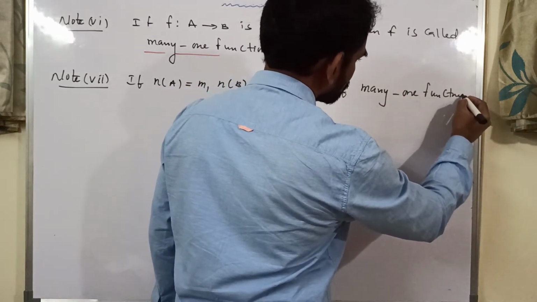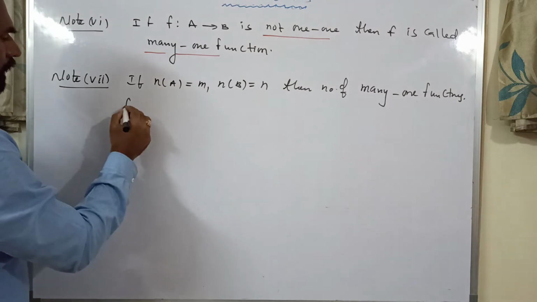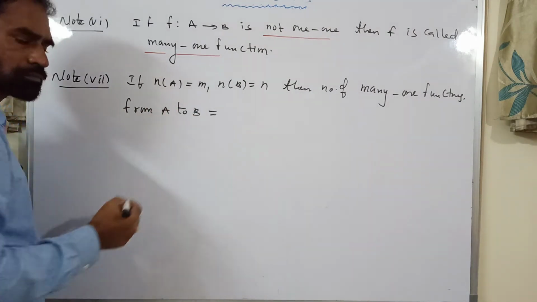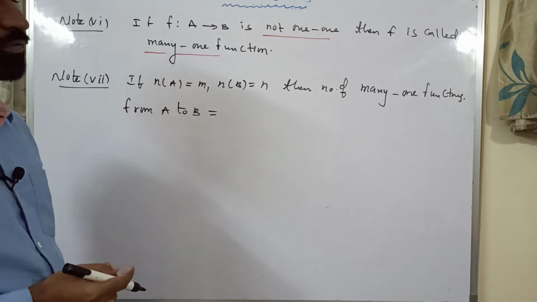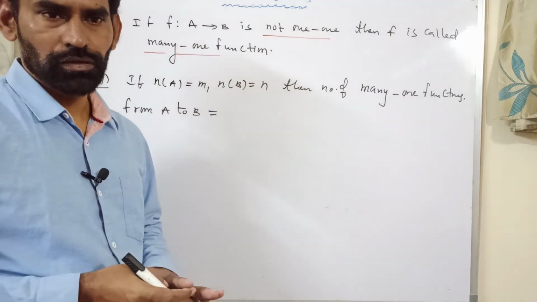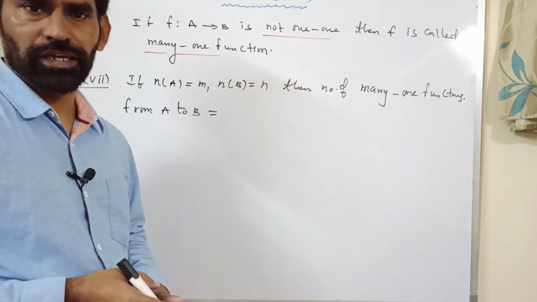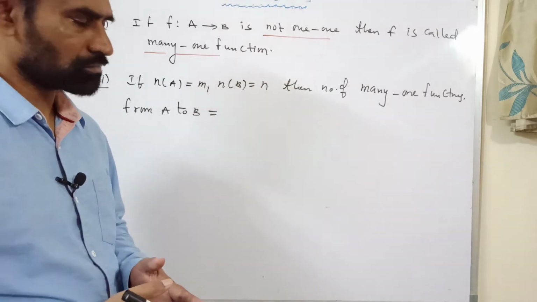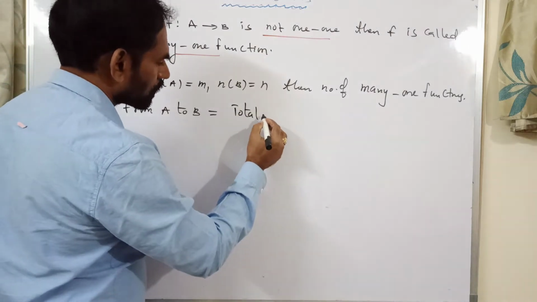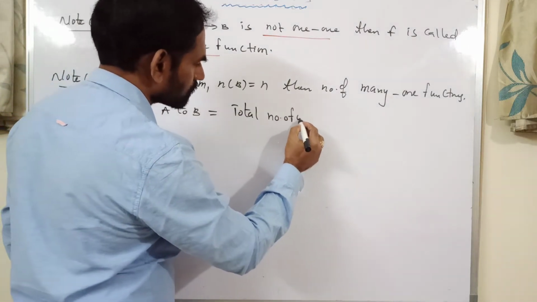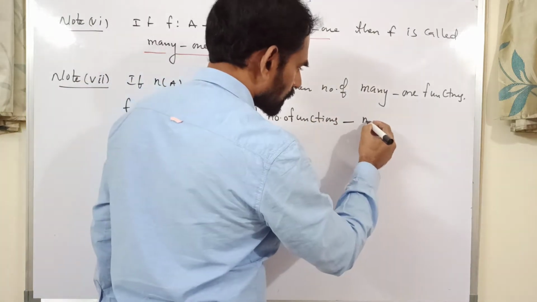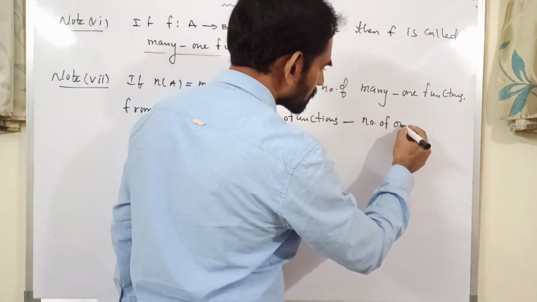from A to B equals, actually, what about the definition of many-one? If it is not 1-1, it is the total number of functions minus the 1-1 functions.